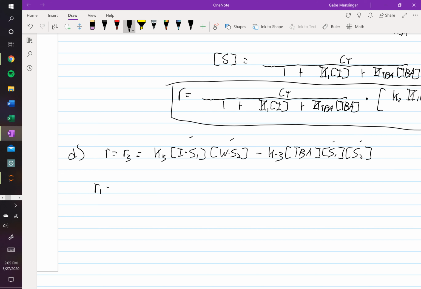So on step 1, we have K1 times I times S1 of I is equal to K minus 1 times I dot S1, which gives us I dot S1 is equal to capital K1 times I times S1. Same thing on step 2.